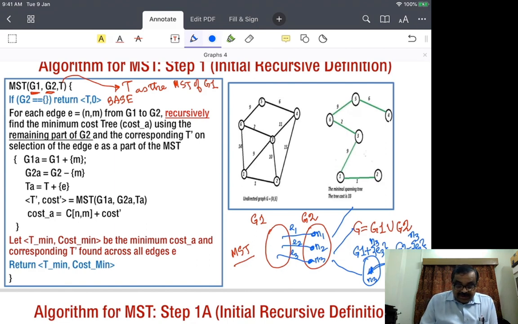What we do is, for each edge, so let me use the highlighting pen a little.